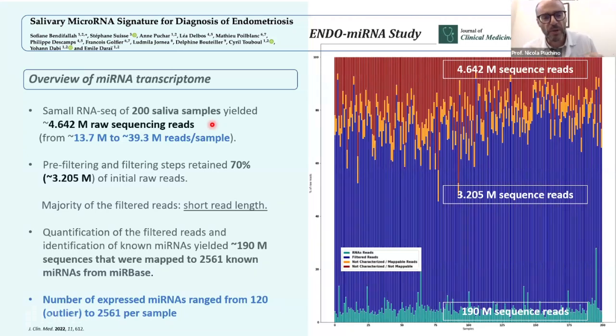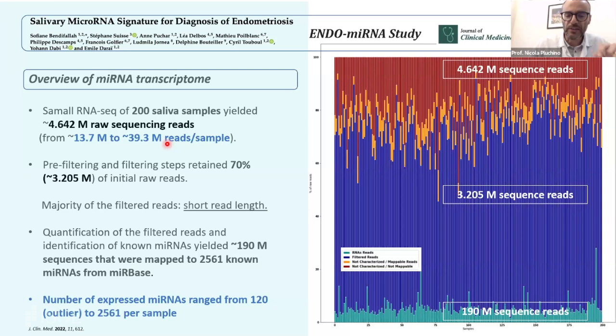To give you the complexity of this evaluation, I would like to remind you that each 2 milliliter saliva sample was evaluated with between 13 and 40 million reads of microRNA, and together with multiple filters and quantification, at least 190 million sequences have been analyzed in 2 milliliters of saliva.